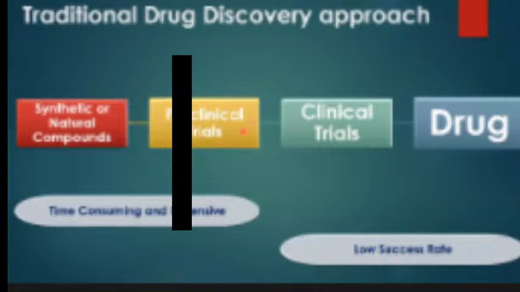When this is safe and effective, scientists move on to clinical trials, to human trials. And when the four clinical stages are successful, it becomes an approved drug. There are other processes for approval, that is a different topic. But these steps are very time consuming and expensive as well. And the success rate is very low.